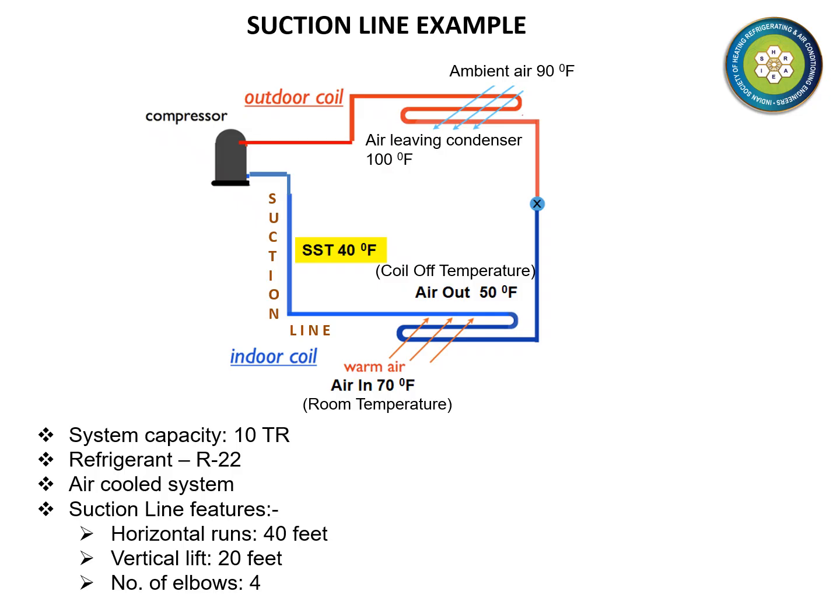As regards the indoor coil, the on-coil air temperature is 70 degrees Fahrenheit, while the off-coil air temperature is 50 degrees Fahrenheit. As regards the outdoor coil, the ambient air is at 90 degrees Fahrenheit, while the air leaving the condenser is at 100 degrees Fahrenheit.